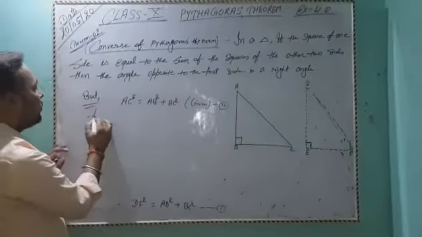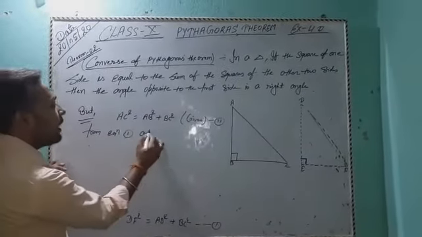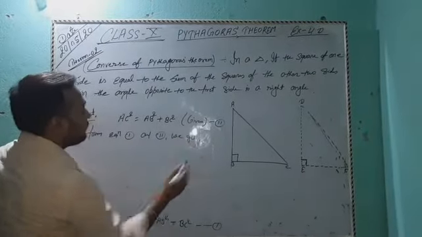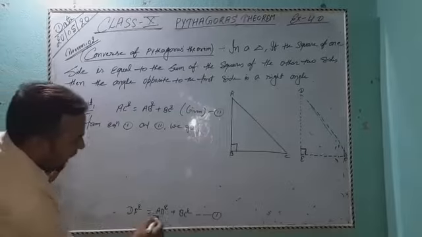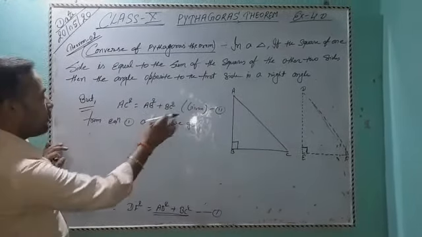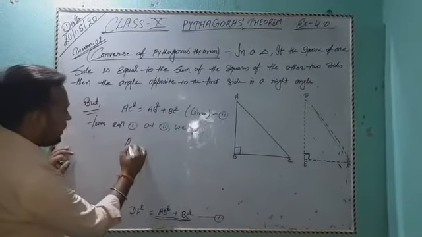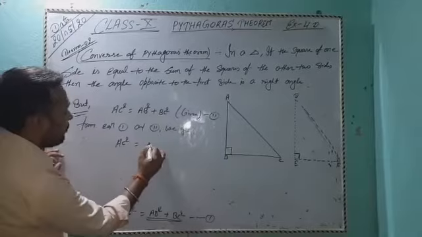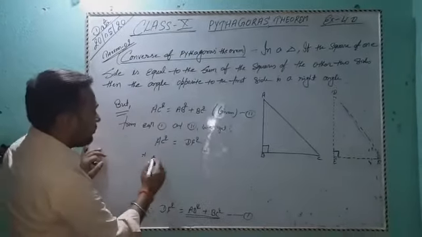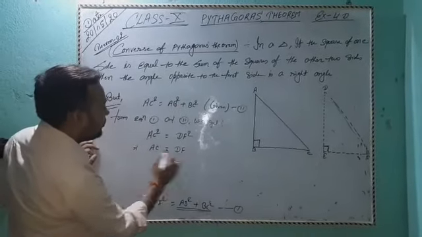So from equations 1 and 2 we get, students, the RHS is equal, AB square plus BC square, so the LHS is also equal. So we write AC square equals DF square. Removing the squaring on both sides, AC equals DF.